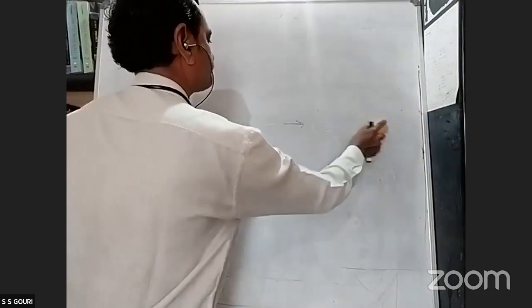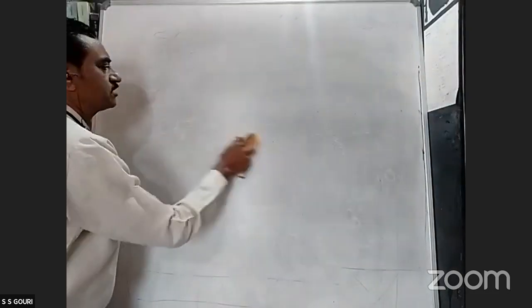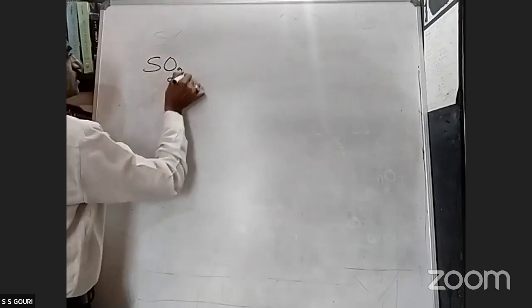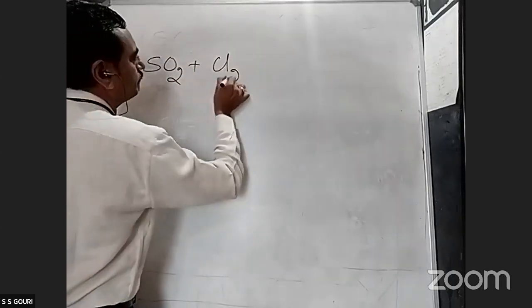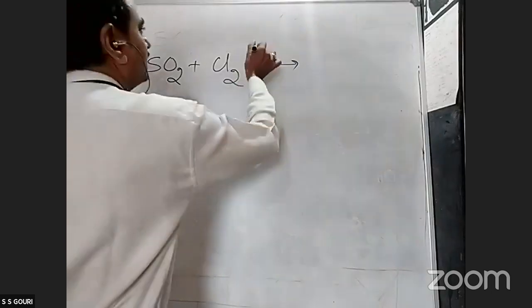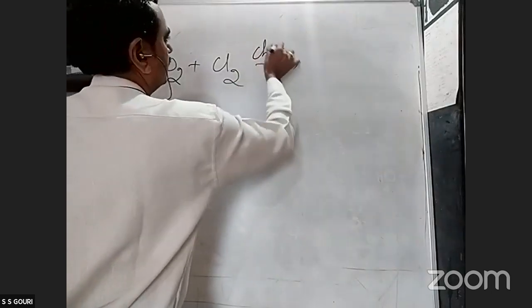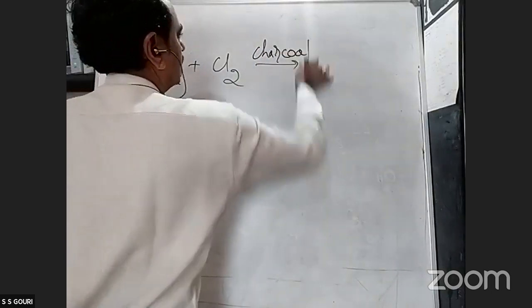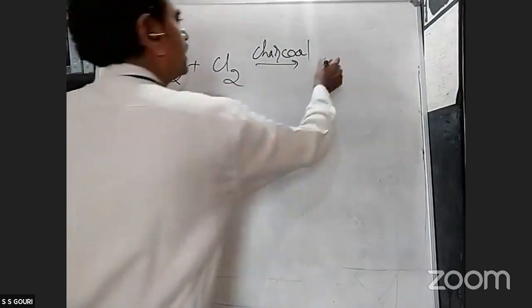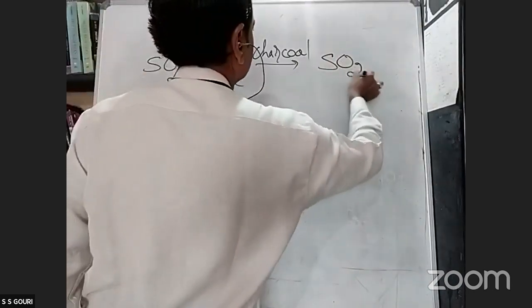Now, addition reactions of sulfur dioxide, I was telling. SO2 can react with chlorine in presence of a little charcoal catalyst. SO2 reacts with Cl2 and gives SO2Cl2.